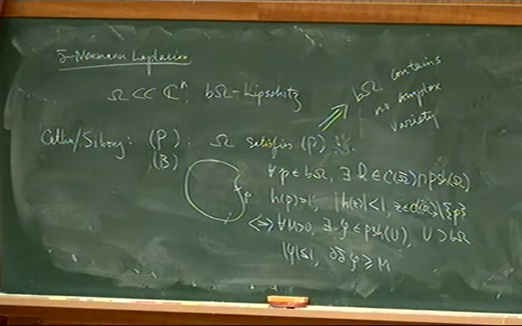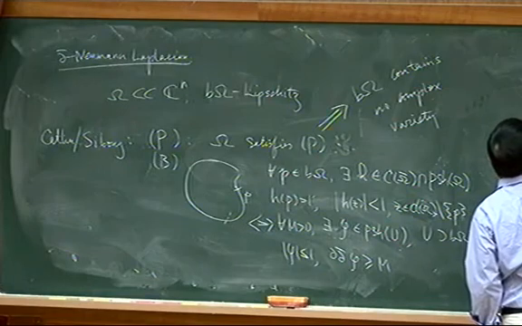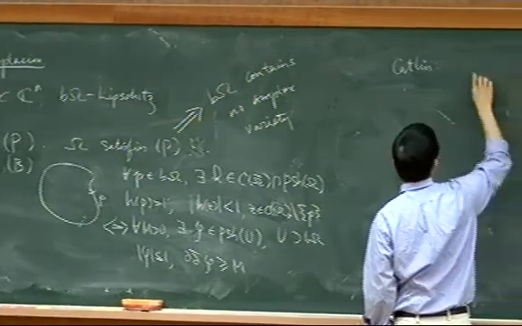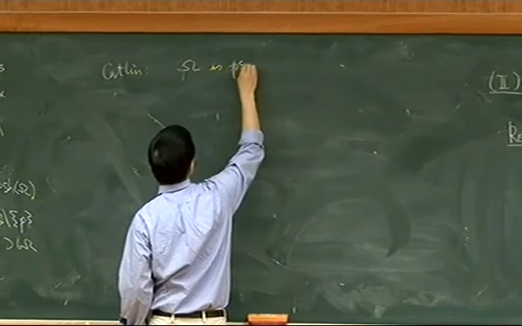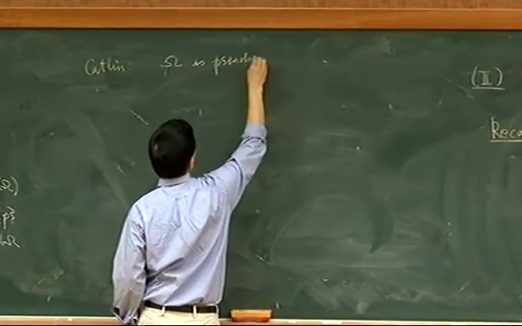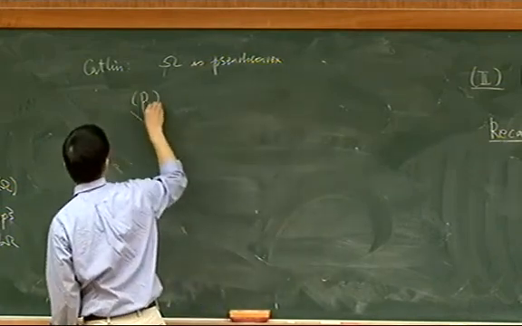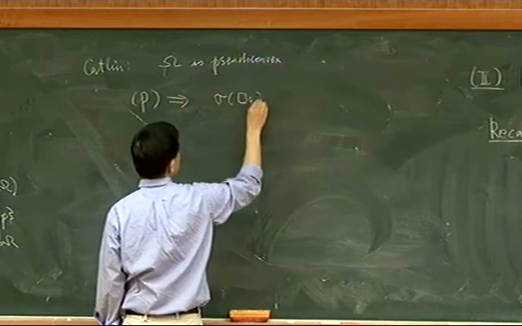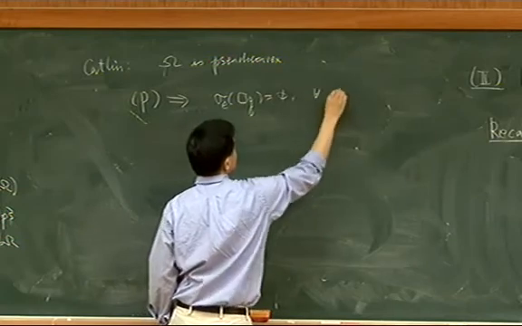Now, Catlin proved that, suppose omega is a bounded pseudoconvex domain, then property P would imply that the essential spectrum is empty, for any q.